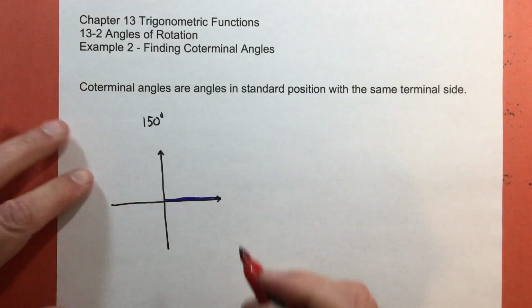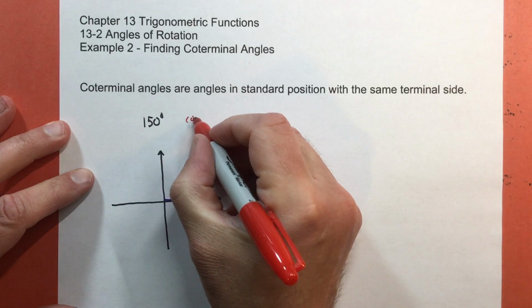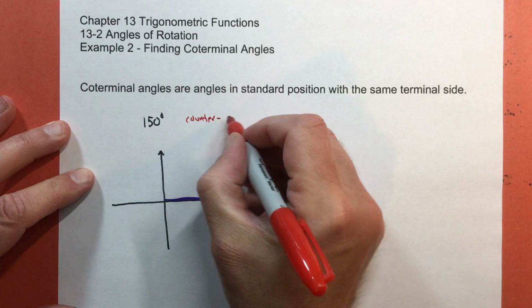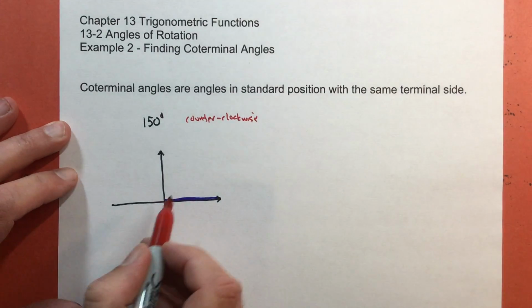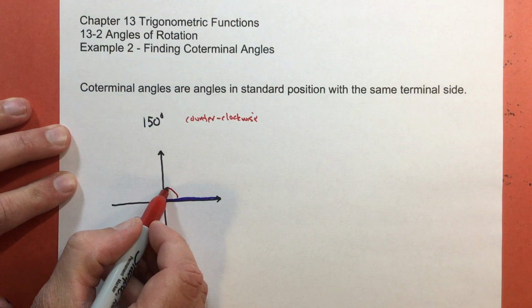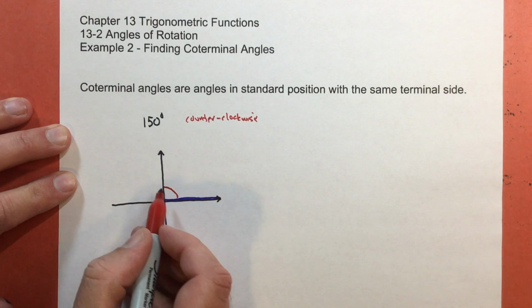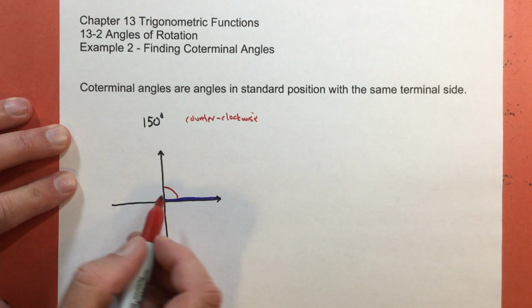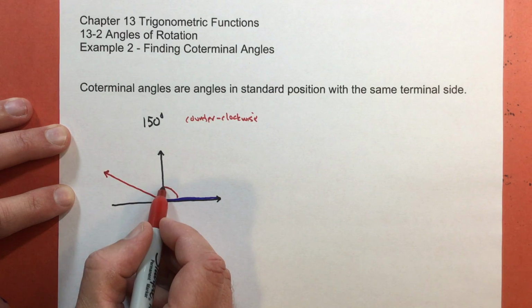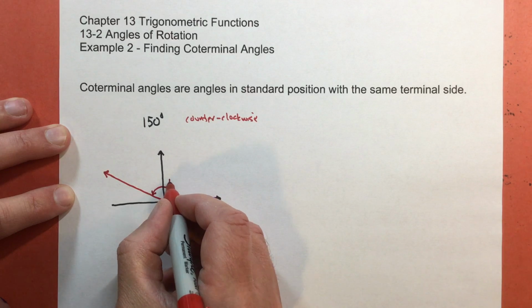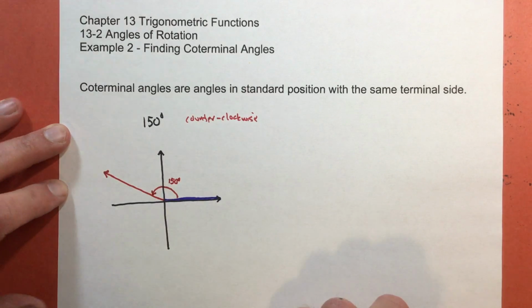Since it's positive, I'm going to go counterclockwise. This is going to take me through 90 degrees, and I need 60 more degrees to get to 150. So 150 is going to be about right here, and this is going to be about 150 degrees.